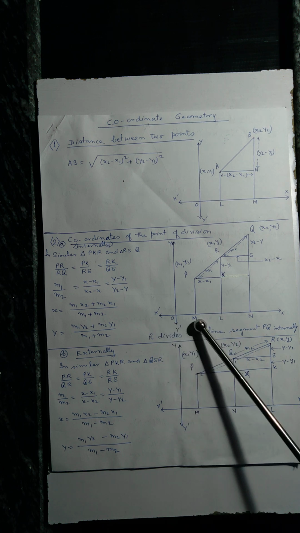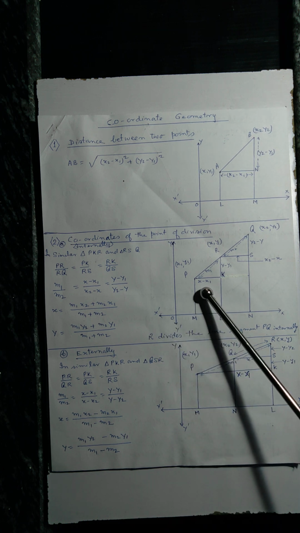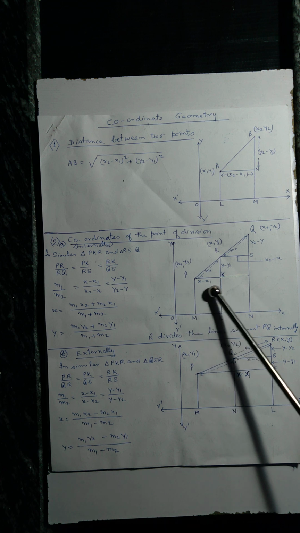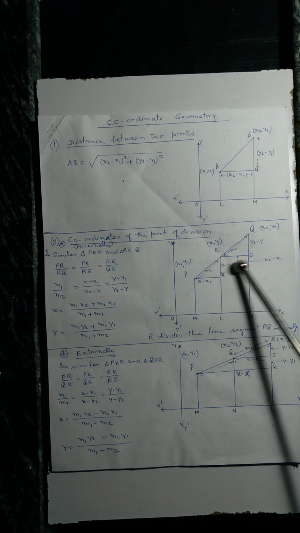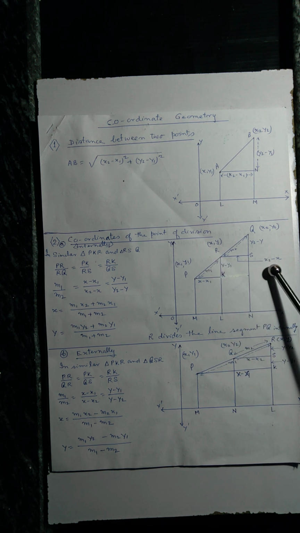Now let us find the distance PK. OL is x and OM is x1, so x minus x1 will be the distance PK. Similarly, the distance RS will be x2 minus x, since ON is equal to x2 and OL is equal to x.